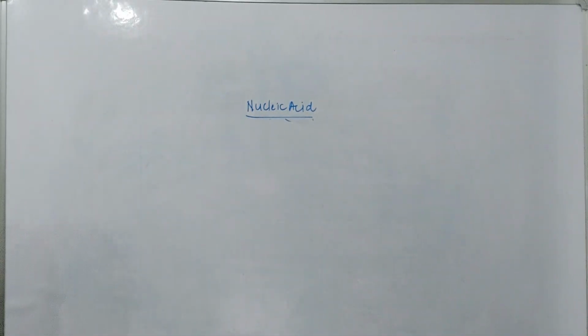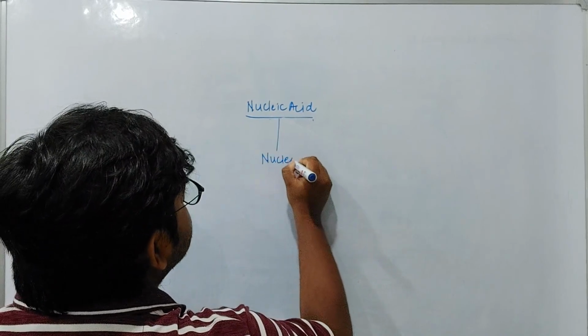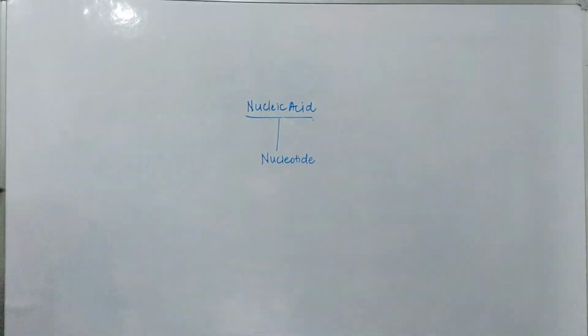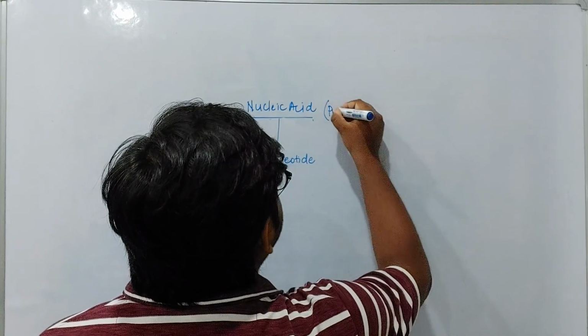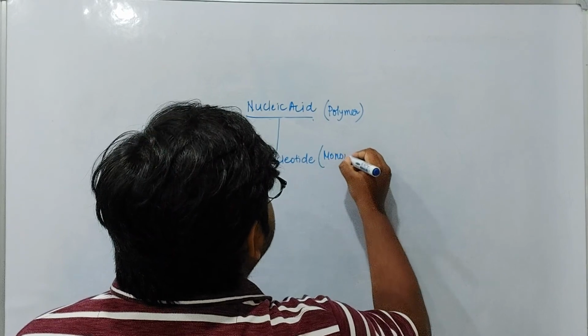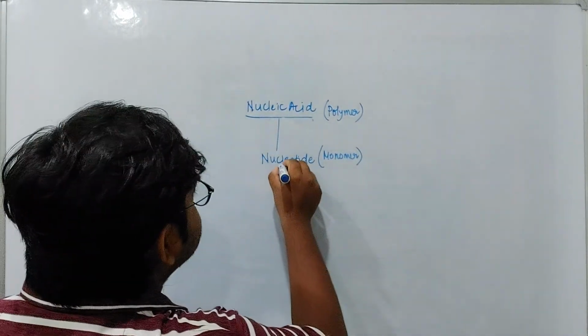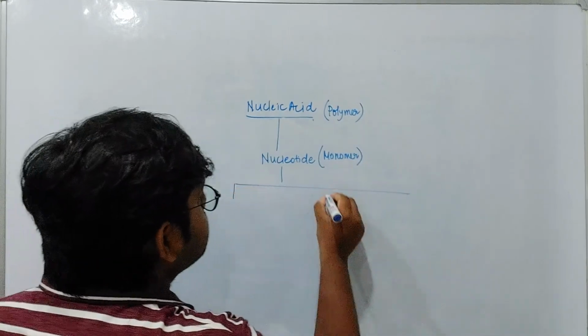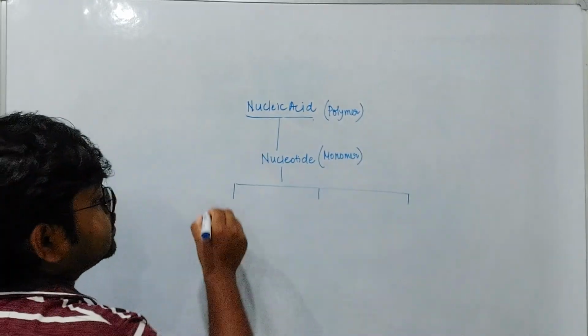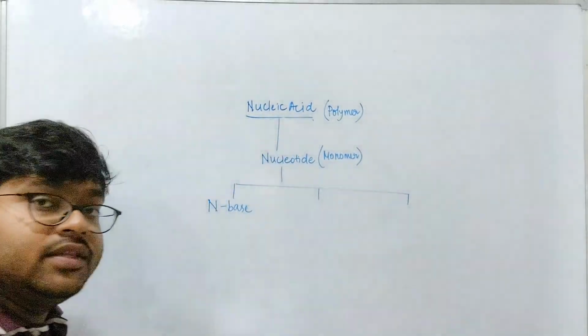As I have told, nucleic acid is mainly formed by the combination of monomer units called nucleotide. So if nucleic acid is a polymer, then these nucleotides are monomers, so they will combine and form nucleic acid. Now this nucleotide is made up of three components. The first thing is a base. We call it nitrogen base because in this base there is nitrogen.